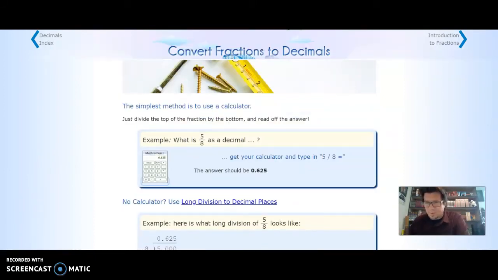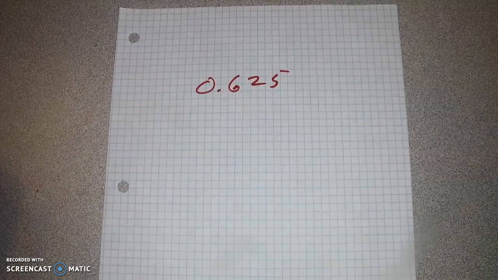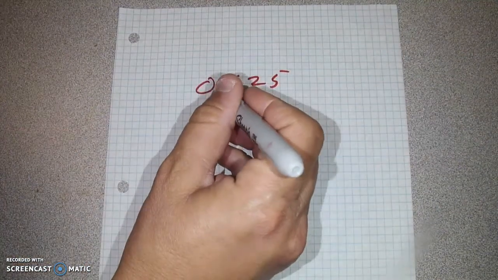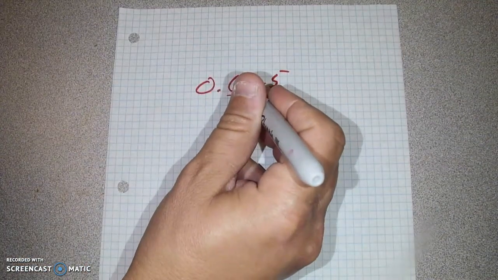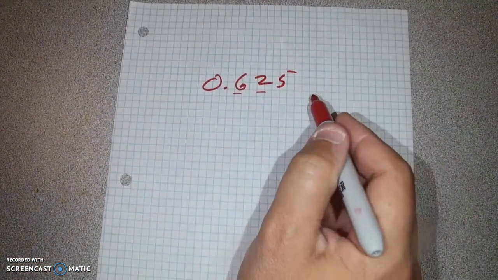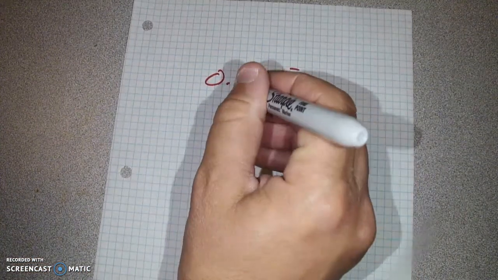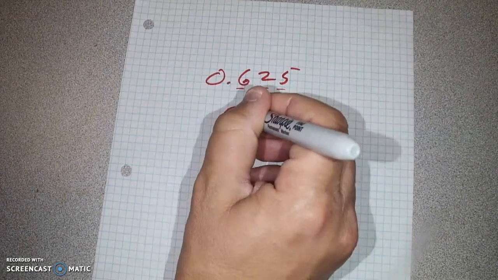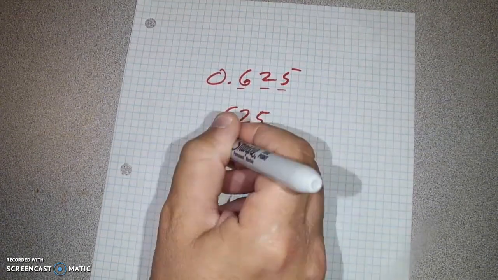Okay, so let's turn this back into a fraction. We got 625 thousandths written out, and if you look at it, remember this is the tenths place, this is the hundredths place, this is the thousandths place. So if this was going to look like a fraction, it would look like this.